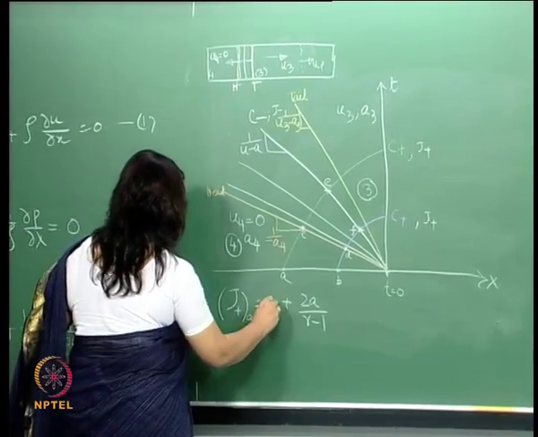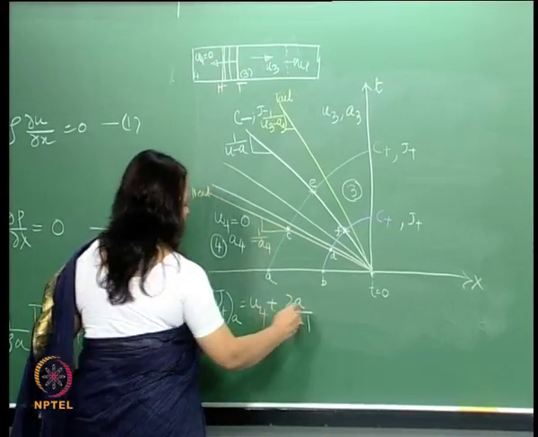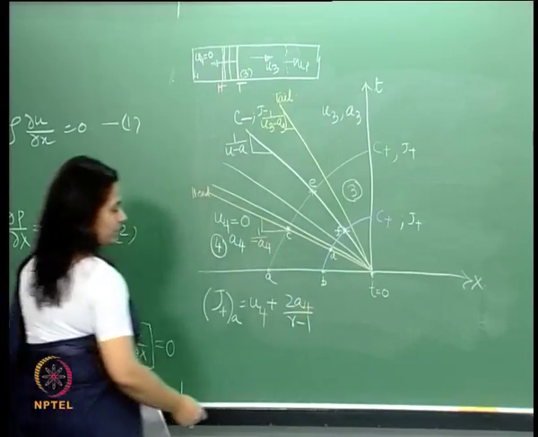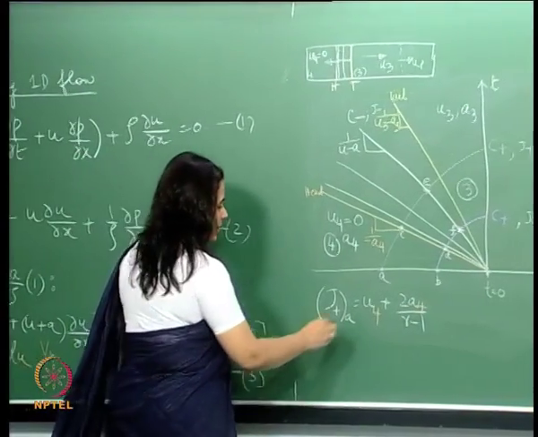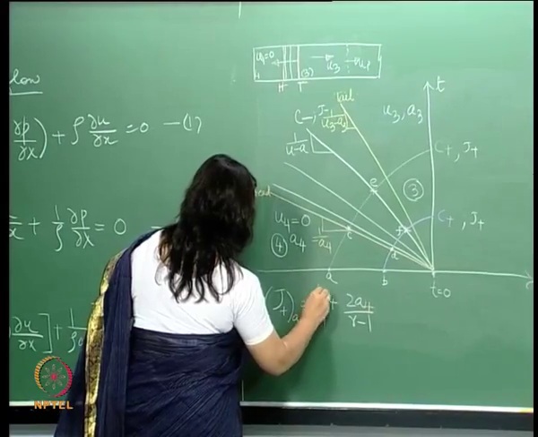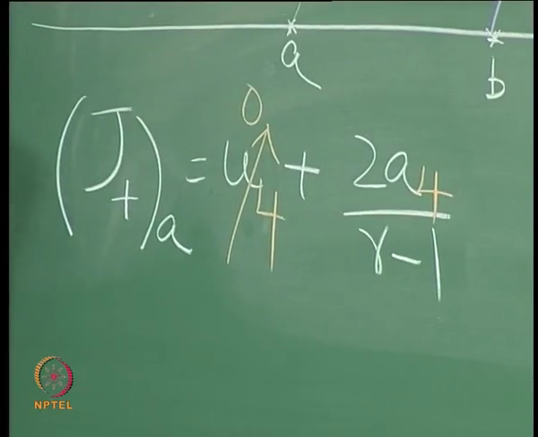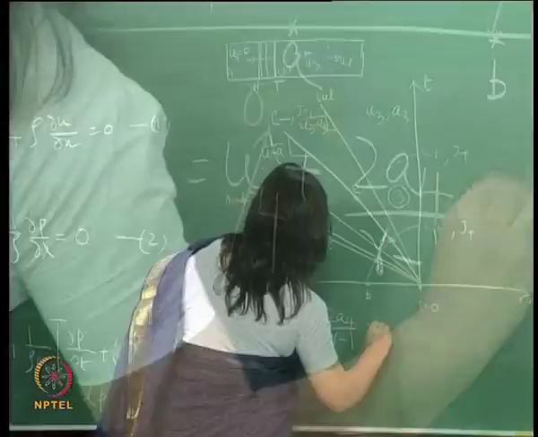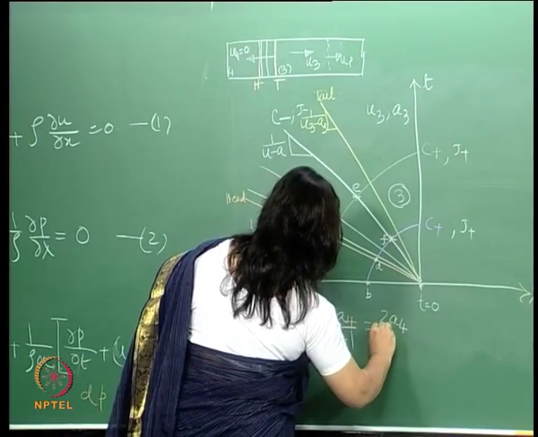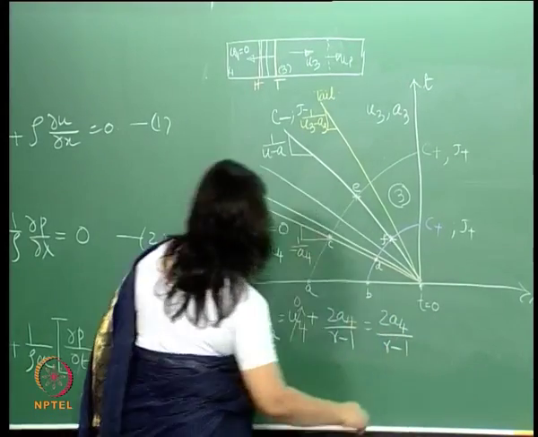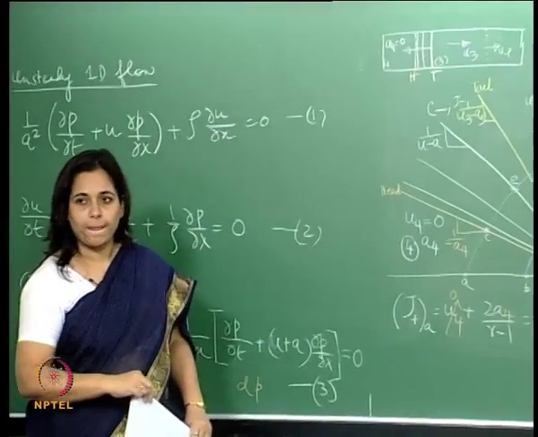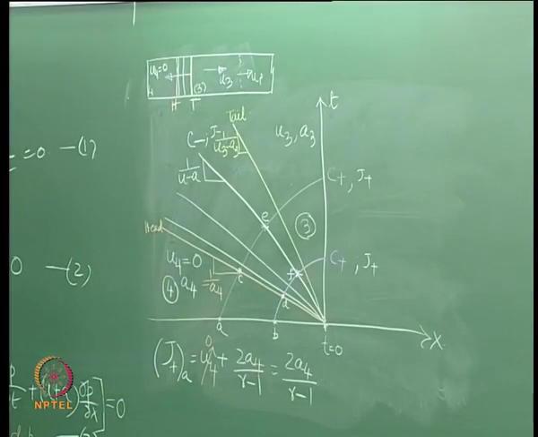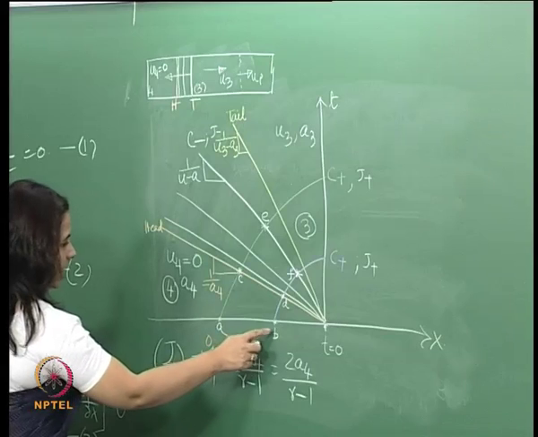So, this becomes u plus 2a by gamma minus 1, isn't it, and this u4 is 0. So, what we end up getting here, okay, is that fine?